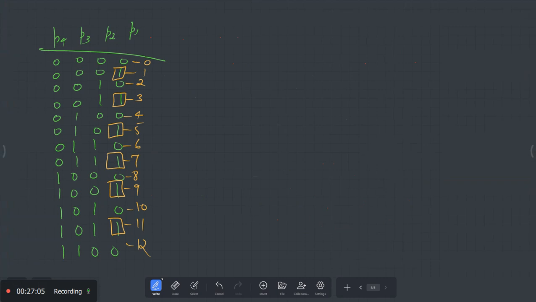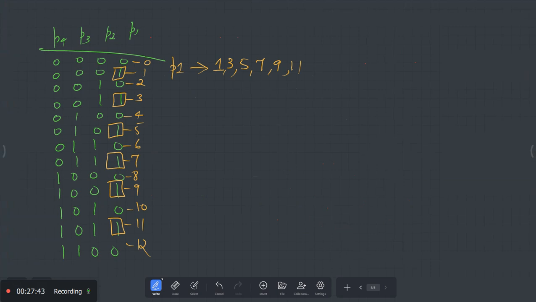For P1, I will write here P1, and take only the positions. So how to get P1? P1 can be got from positions 1, 3, 5, 7, 9 and 11.